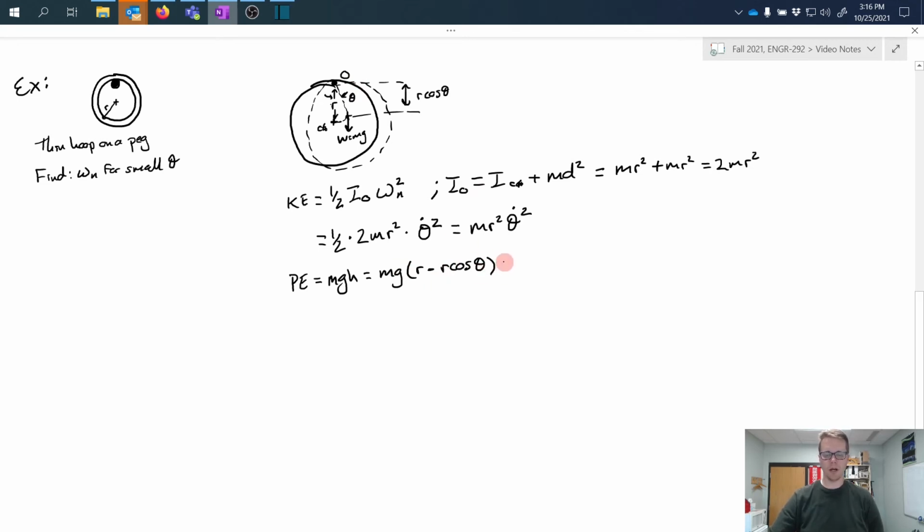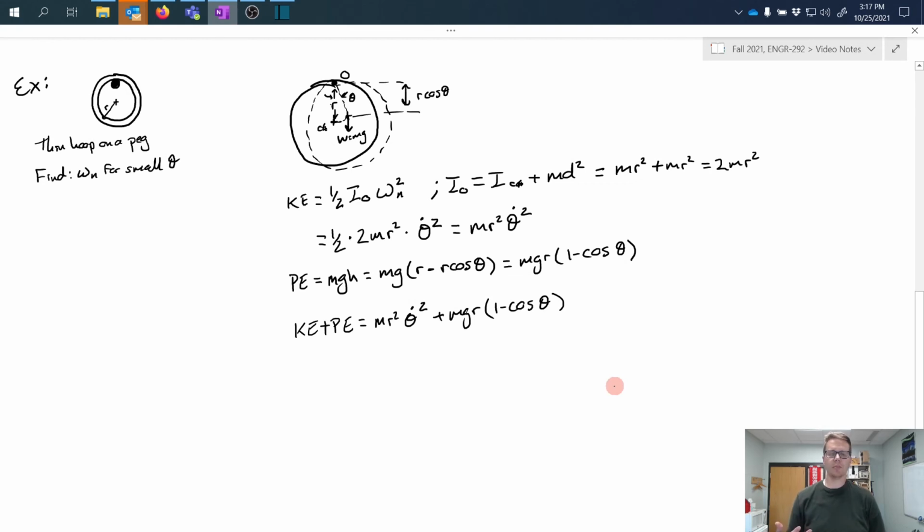So pulling r out, I'm going to set this as mgr times 1 minus cosine theta. So the total energy then is going to be equal to mr squared theta dot squared plus mgr times 1 minus cosine theta.